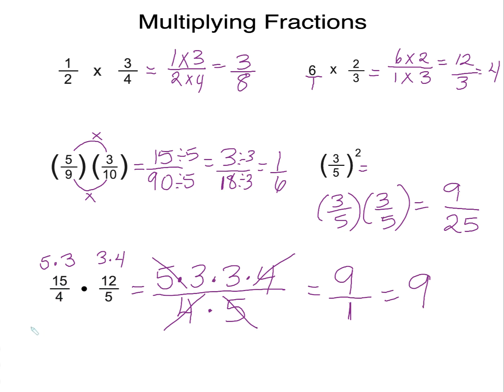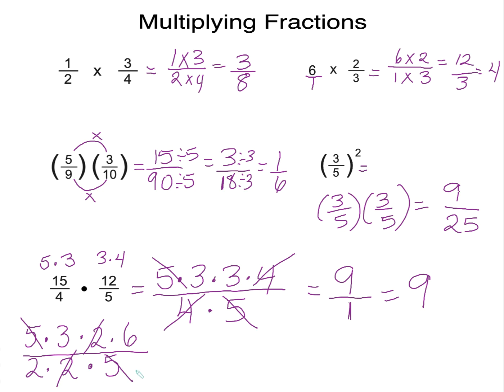You could have done the 15 only as 5 times 3. And 12, you could have done as 2 times 6. And 4, we could have broken up into 2 times 2. And 5 is just 5 times 1, so I'm just going to put 5 because it makes no sense writing the 1. Again, look to see where you can cross cancel. These 2 cancel each other out.